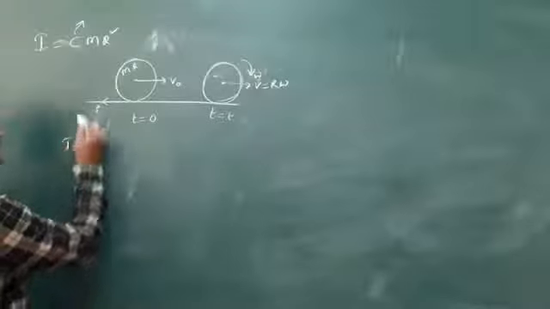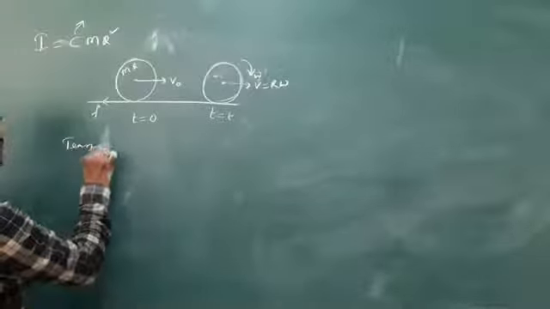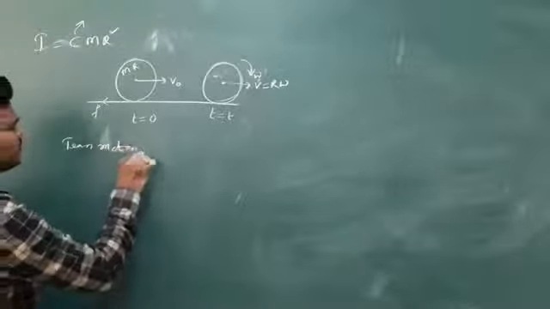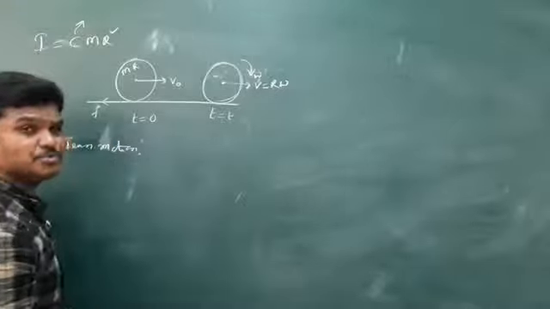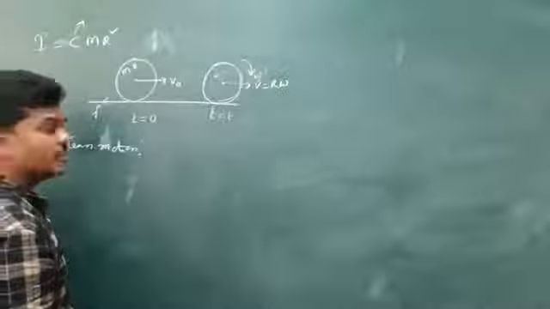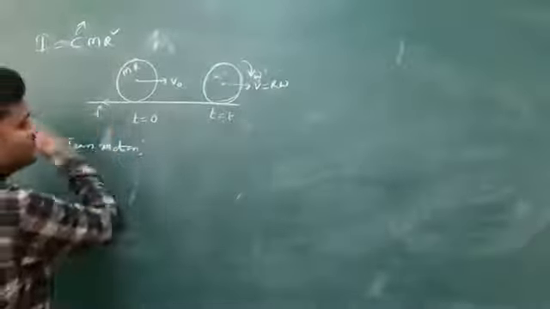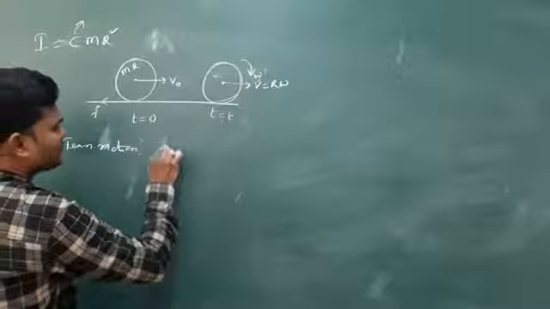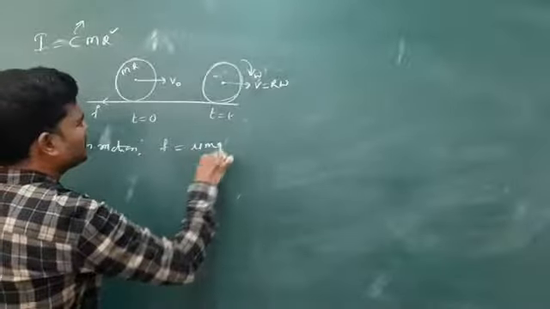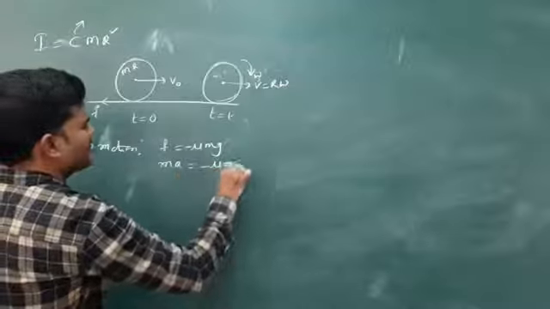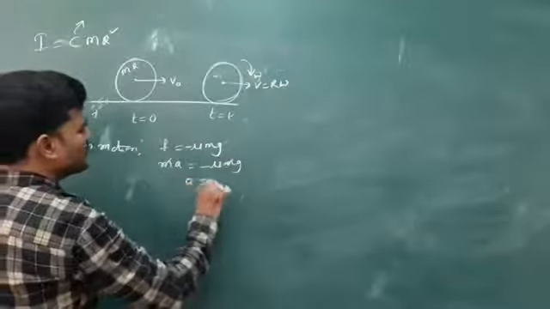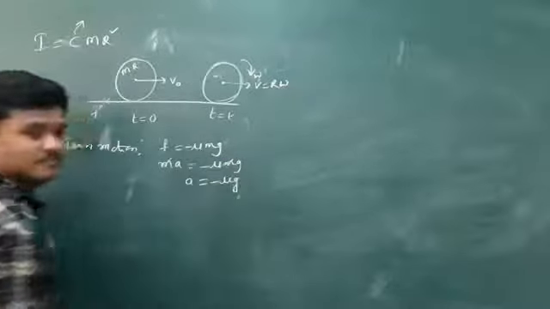In translatory motion, frictional force is backward, and that is nothing but F equal to mu mg. And F is nothing but ma. So remember this formula, a is equal to mu g.